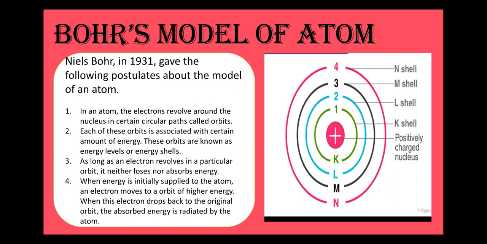Now, suppose the electron is rotating in the K shell, L shell, then M, N; the order of energy level increases from K to L, L to M, M to N. If energy is supplied to the electron, it will move to the N shell, and after that when it drops back, the energy released by the electron is emitted by the atom.